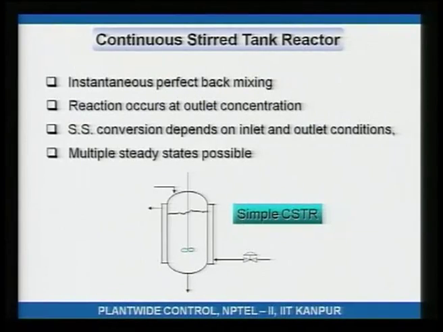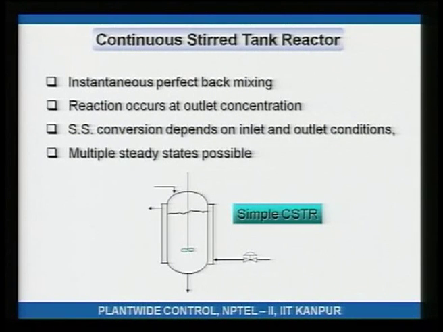What that means is that the exit concentration is the same as the concentration inside the reactor, and the concentration, temperature and all other state variables, if any, are the same at every location inside the reactor. That is what is meant by perfect back mixing, and because that is the case, the exit concentration and temperature are the same as the reactor concentration and temperature.